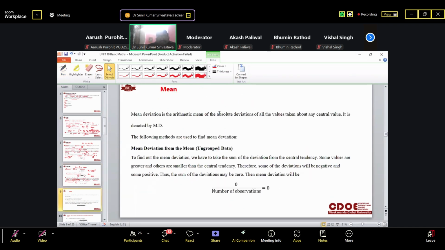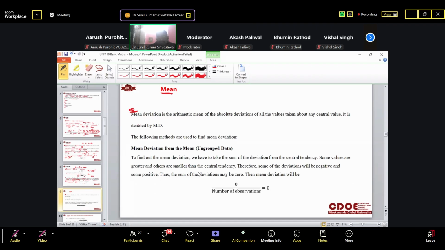So these are some terminology about the quartile. Now we move to the other concept, the mean. What is the meaning of mean? We already discussed the mean in our previous lecture: its definition, how to calculate it by the direct method, the step deviation method, and the assumed mean method. Now we are going to discuss the mean deviation.